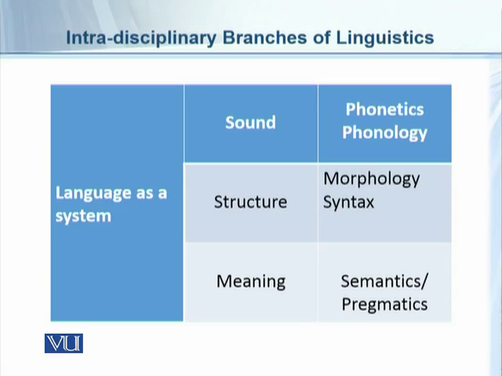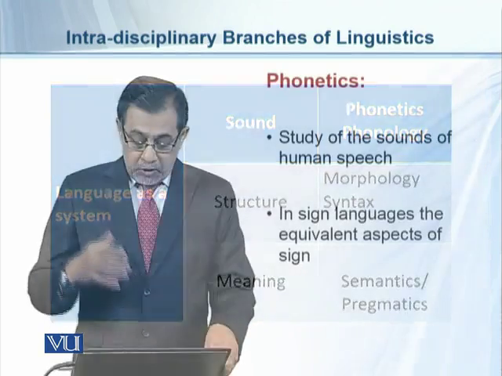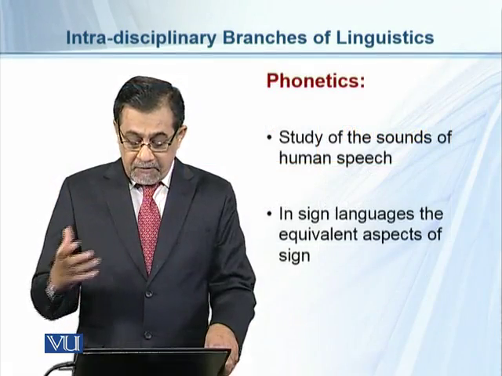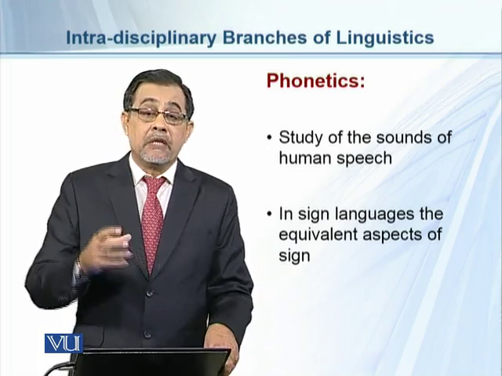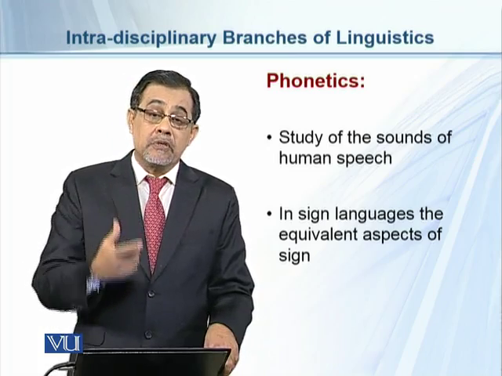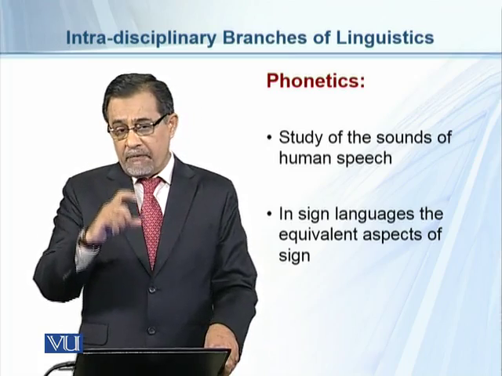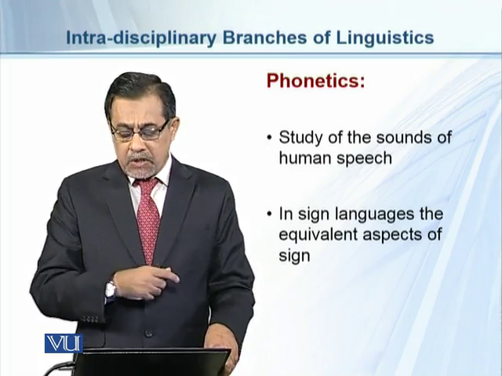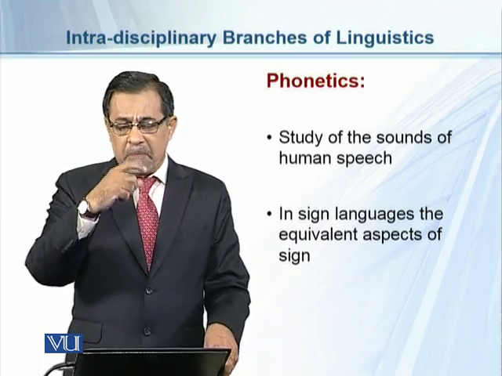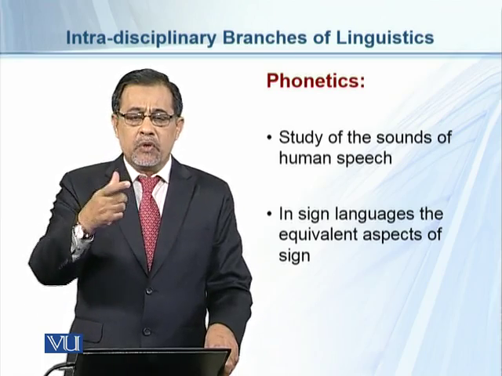Pragmatics helps us understand this aspect of linguistics. Phonetics is the study of the sounds of human speech. In sign languages, there are equivalent aspects of sign. So linguistics also studies signs. The basic aspects of the sign are also discussed under linguistics, so like basic sounds, signs are also discussed.